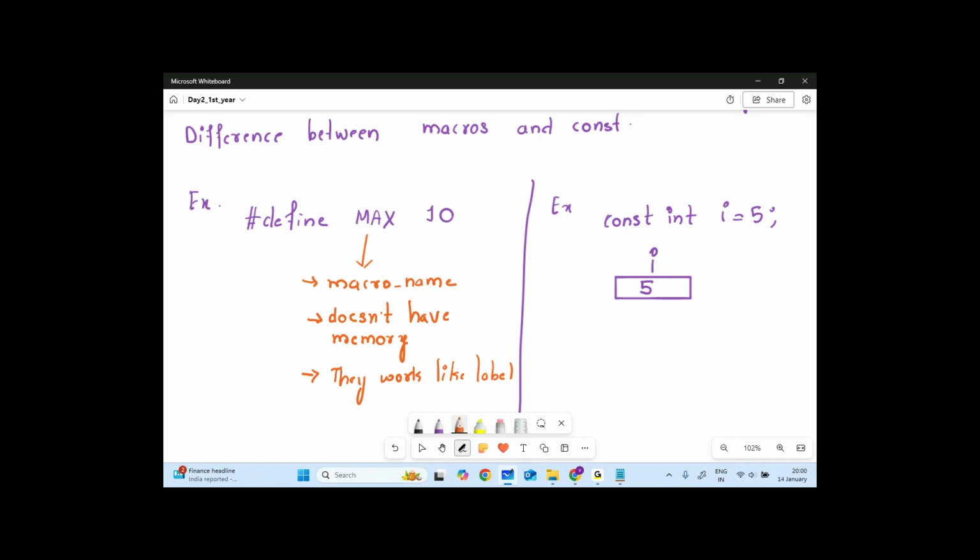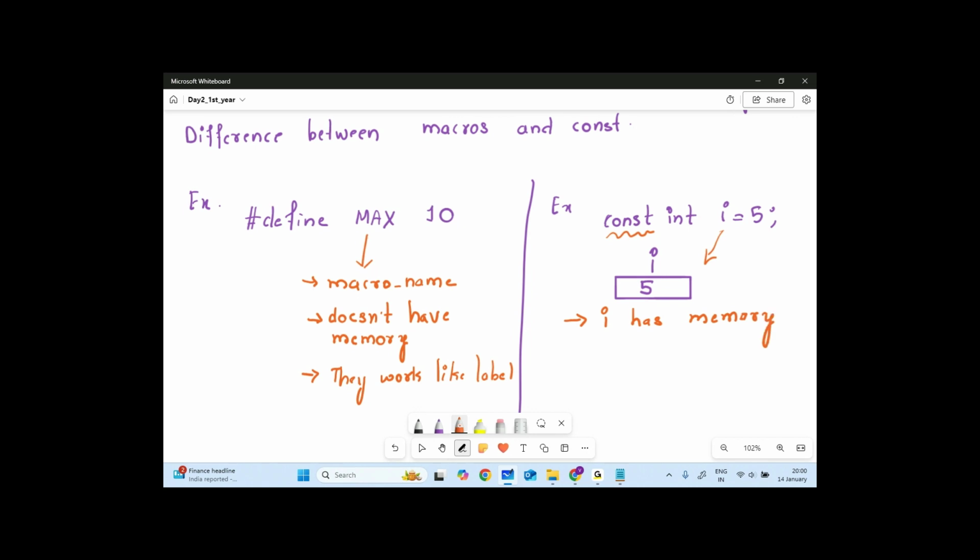The only difference is that i has memory, whereas MAX does not have a memory. This is one difference.